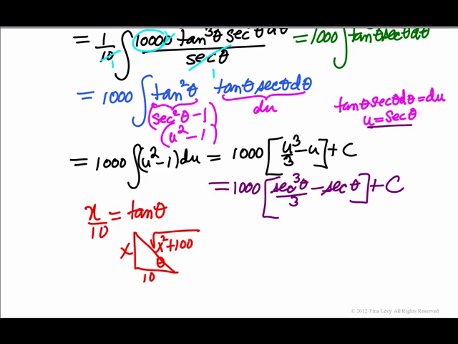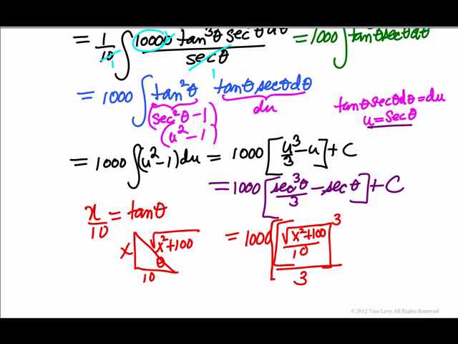And I am now ready to use this triangle to put in secant. So this will become 1,000 times the secant of theta, which is hypotenuse over adjacent, so square root of x squared plus 100 over 10, that's being cubed, divided by 3.